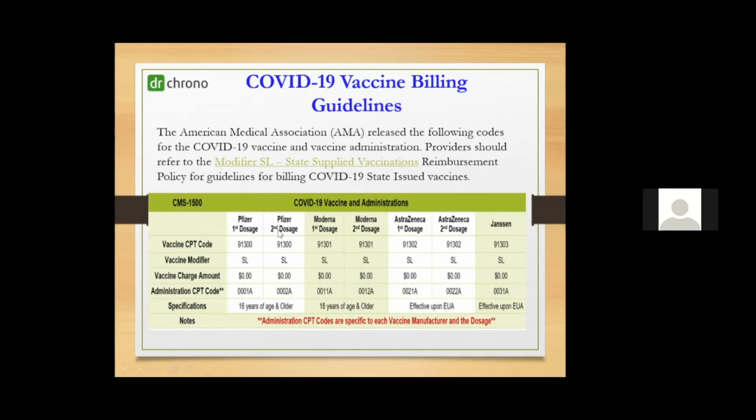And these are for the Pfizer first and second dosage, Moderna, AstraZeneca, and Janssen. We also have the differentiation by age, 16 years of age and older, 18 years of age and older. What we have to note is the administration CPT codes are specific to each vaccine manufacturer and dosage.